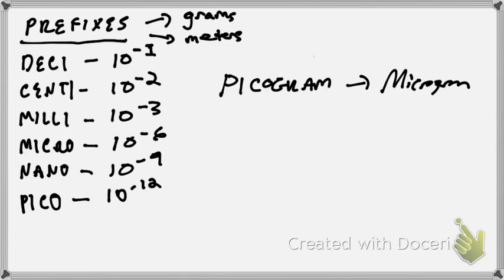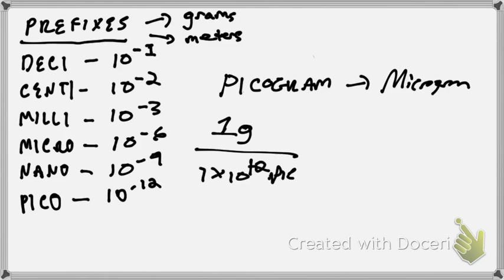The very first thing I'll do is go from gram to picogram. So how much is in 1 gram? Well, we know 1 gram has 1 times 10 to the 12 picograms. So 1 gram is equal to 1 times 10 to the negative 12 picograms.